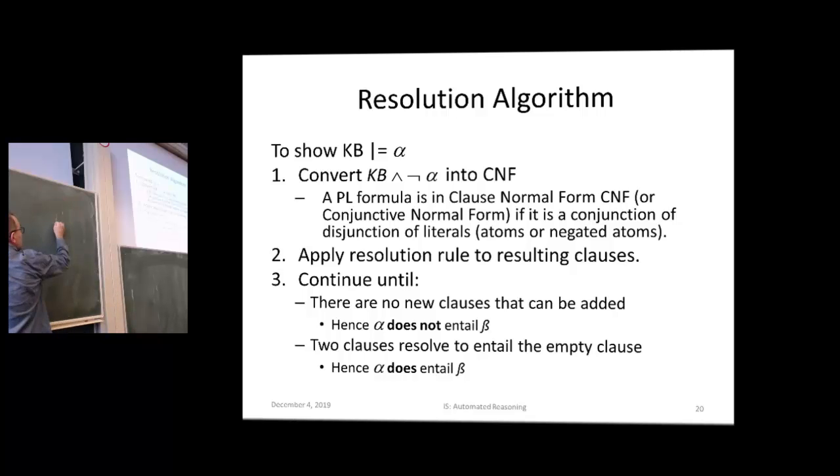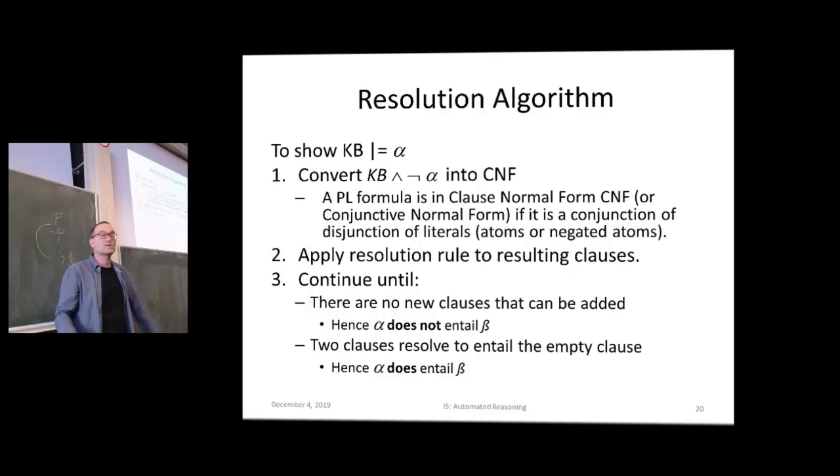What is an empty clause? If we have a clause P and a clause not-P, then we can derive nothing. So basically what you derive is nothingness, a contradiction. The contradiction in resolution is called the empty clause. If you find the empty clause, then you have shown that there is a contradiction, and then you have shown entailment.